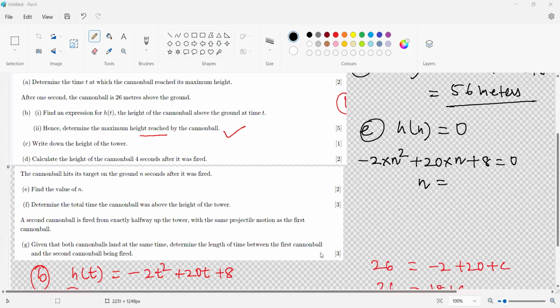I'm getting n as approximately 10.4 seconds. You can use GDC and solver. n is equal to 10.4 seconds.